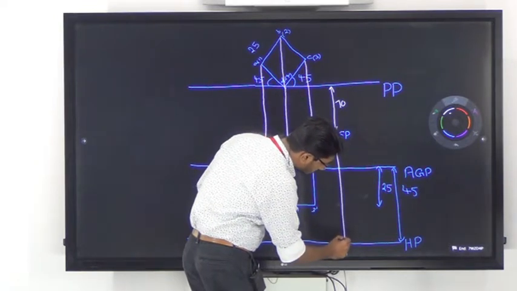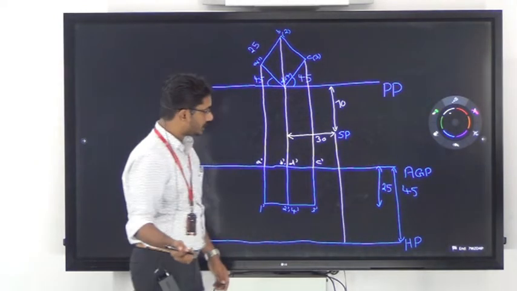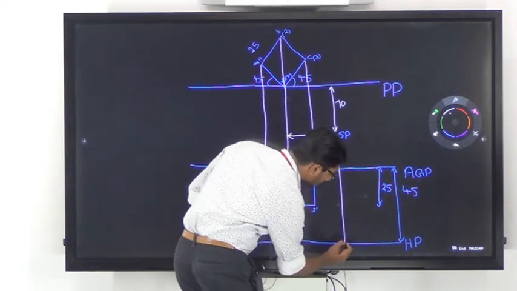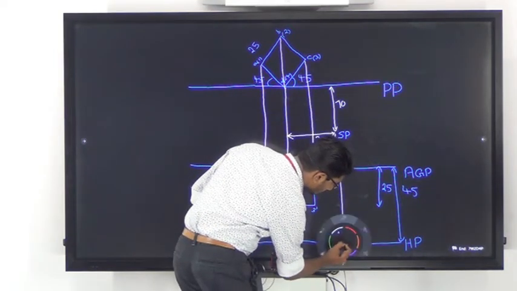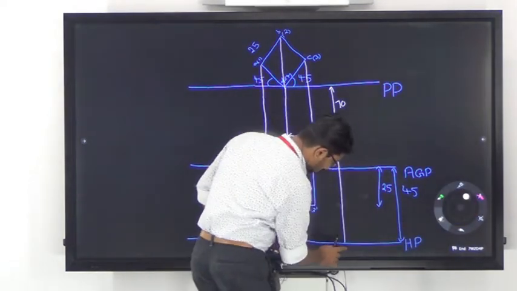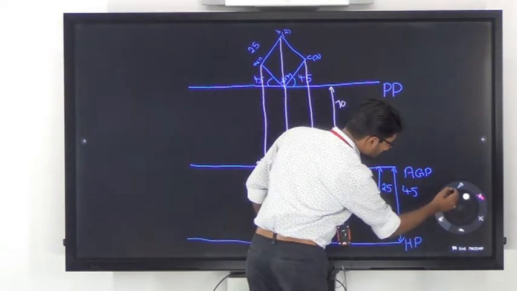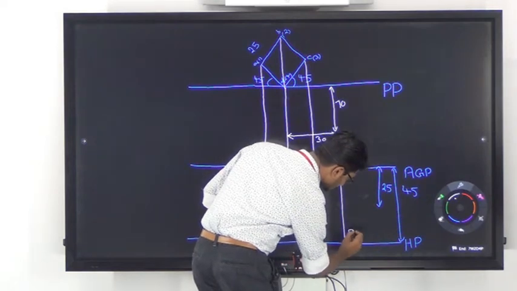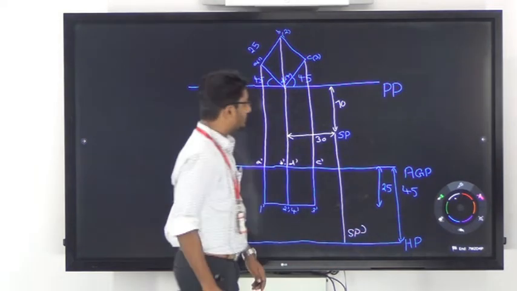And it will meet the front view of the horizon plane at the point SP dash.